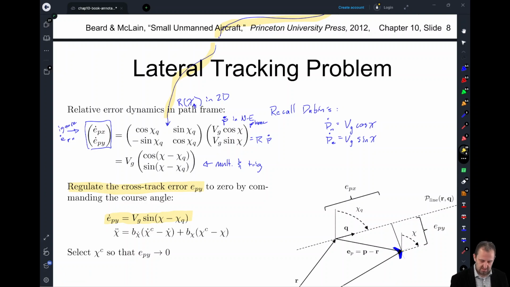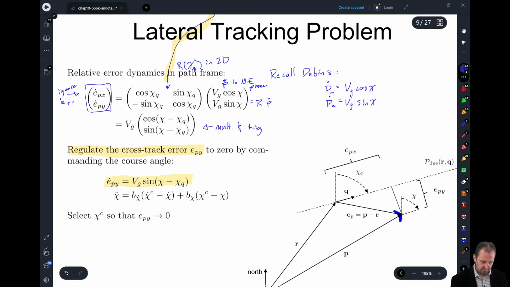And now this second equation, the goal here is we want to design our control signal for our course angle such that EPY goes to 0. Oh, that's what we had written down there.